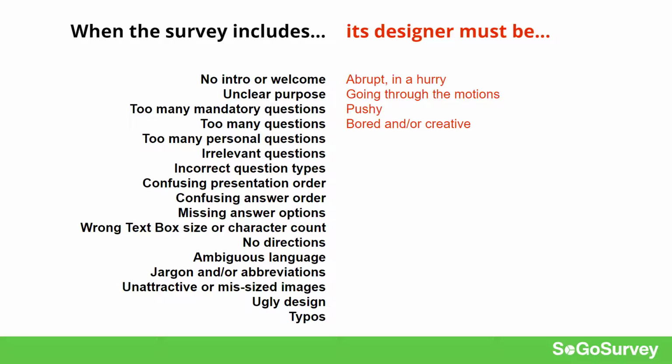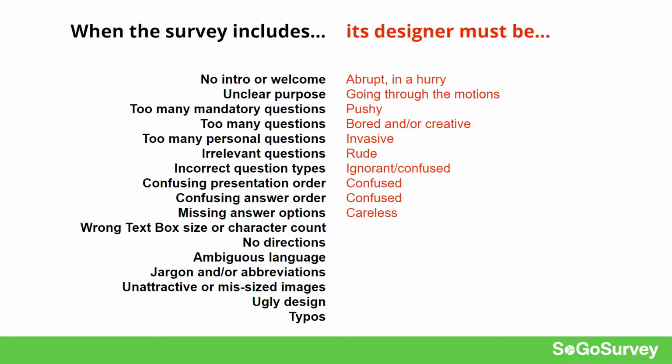Too many personal questions can be seen as invasive and rude if they're irrelevant. Confusing, incorrect question types means that you appear to be confused as well or unclear. Same with presentation order, same with answer order. Missing answer options comes across as careless. You aren't paying attention to the people who are participating, you aren't paying attention to their experience, and you don't know them well enough.